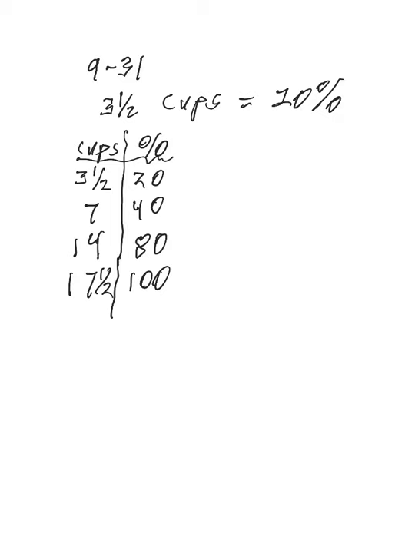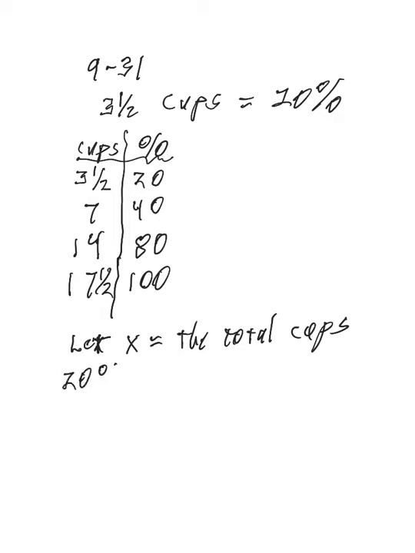We could say let x equal the total cups, and then we know 20% of x equals 3 1/2, and therefore 0.2 times x equals 3 1/2.